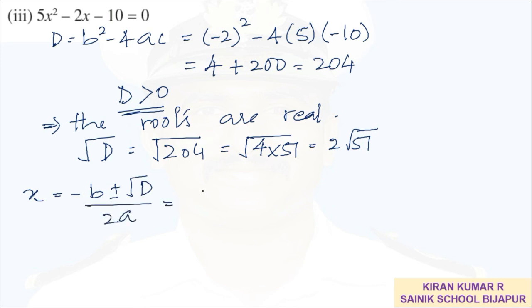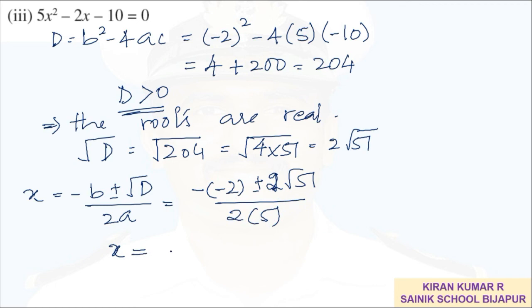So minus of minus 2 plus or minus 2 root 51, which is the value of root D, by 2 times 5. Therefore, the values of x are 1 plus root 51 by 5 and 1 minus root 51 by 5. These are the roots.